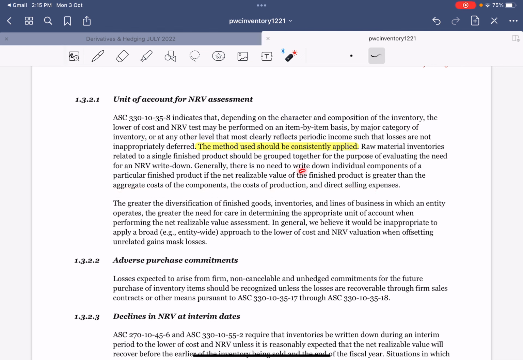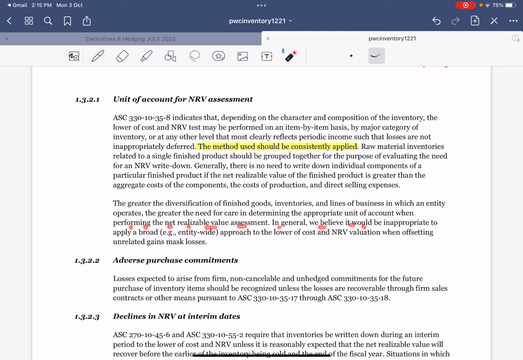The greater the diversification of finished goods inventory and lines of business in which an entity operates, the greater the need for care in determining the appropriate unit of account when performing a net realizable value assessment.